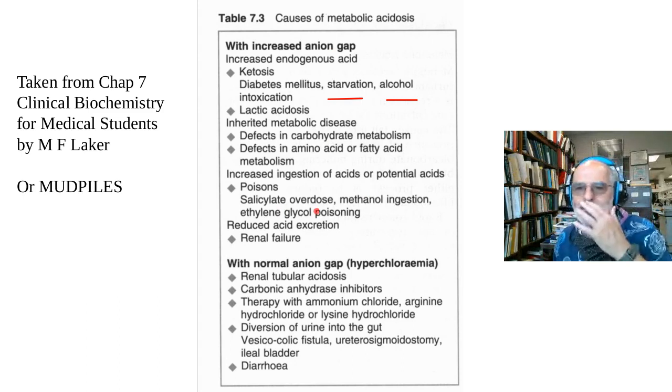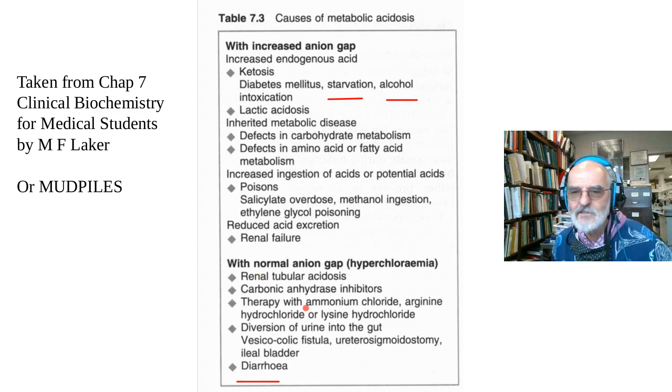Notice that methanol and ethylene glycol, before they're broken down, are also uncharged, and so they actually contribute to the osmolar gap. So that's another way that you can diagnose those. Now, we're not going to talk about too many of these other things. Normal anion gap is associated with diarrhea. Normal anion gap can be associated with vomiting.